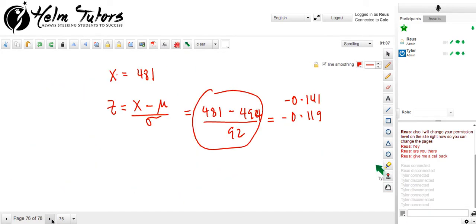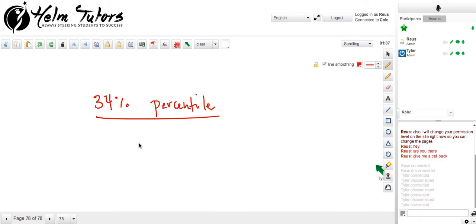So let's go back. Negative 0.41, and then what? So negative 0.41 equals x minus 494 over 92. Exactly. So multiply each side by 92, there you go, and then add 494.